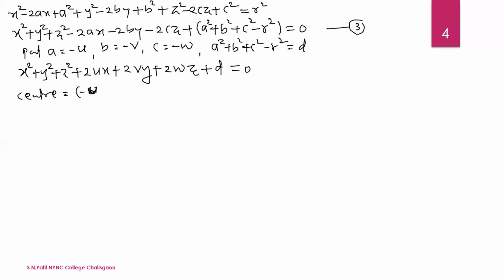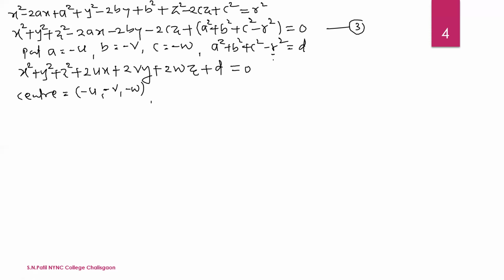Now for the radius, see here, a square plus b square plus c square minus r square is equal to d.